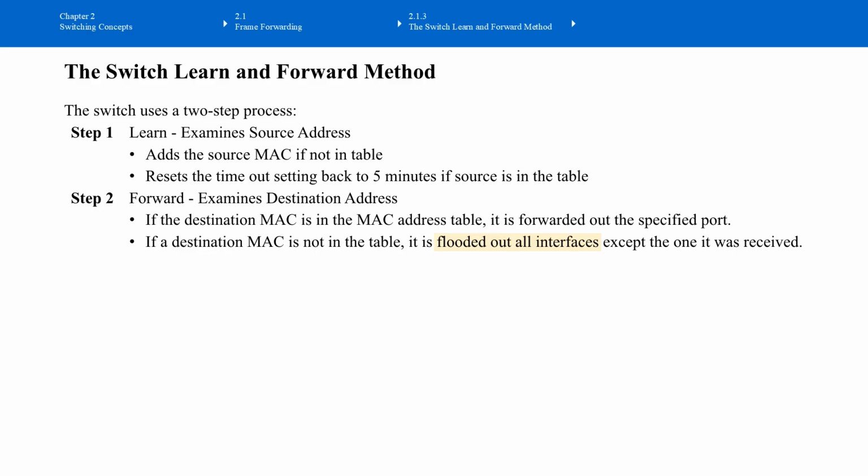Examine the destination address. If the destination MAC address is in the MAC address table, it is forwarded out to the specific port associated with it. If the destination MAC address is not in the table, the switch floods it out to all interfaces except the one that received the data. In other words, it floods out the data to all the ports except the port connected to the sender.